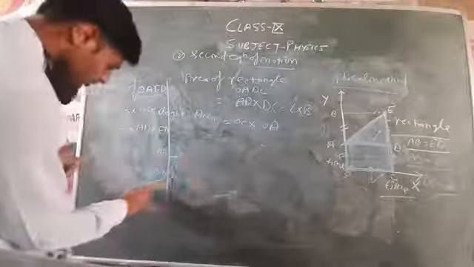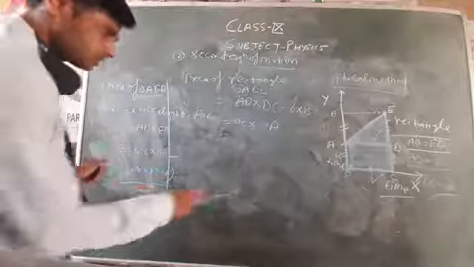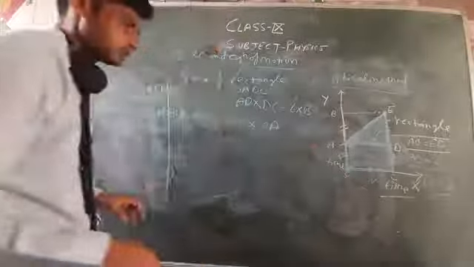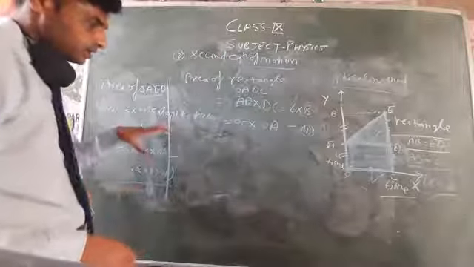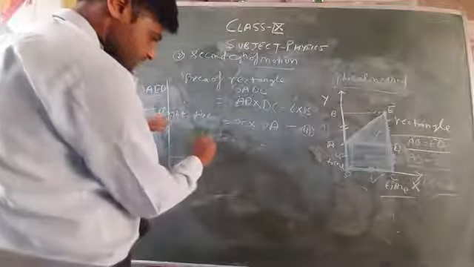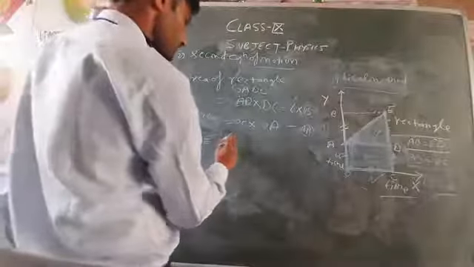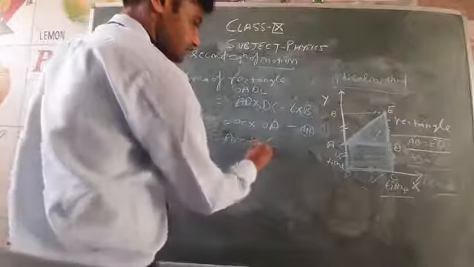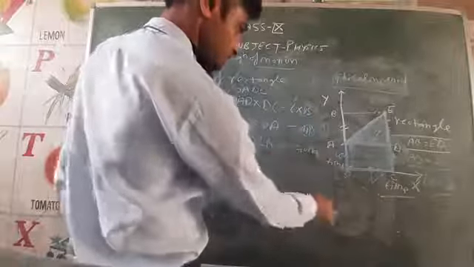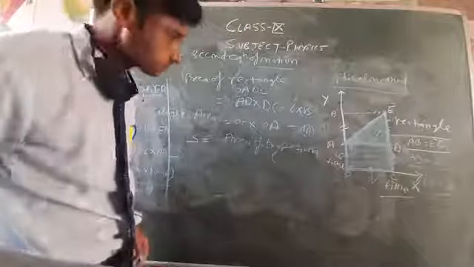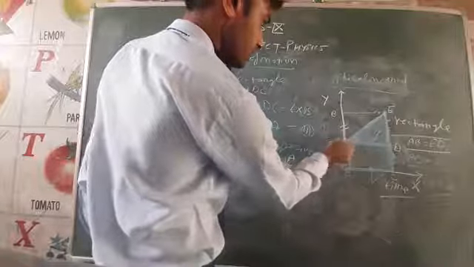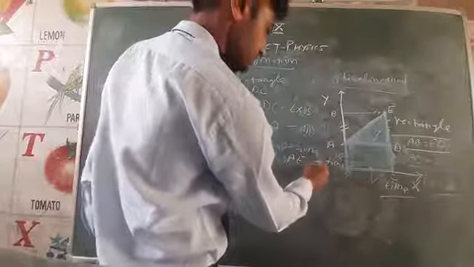So let this be equation first, this equation second, and this equation third. We have to put these values in the area of trapezium OAECO.